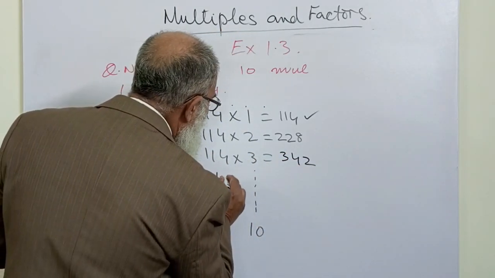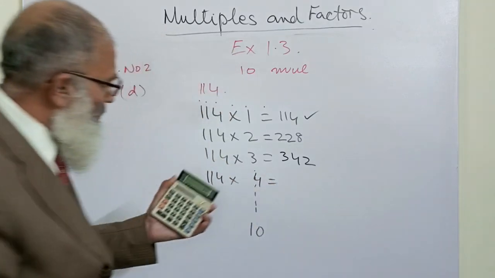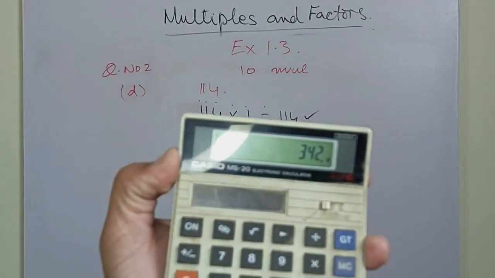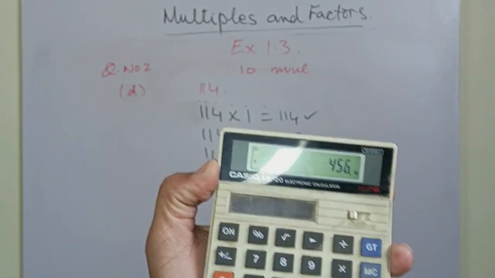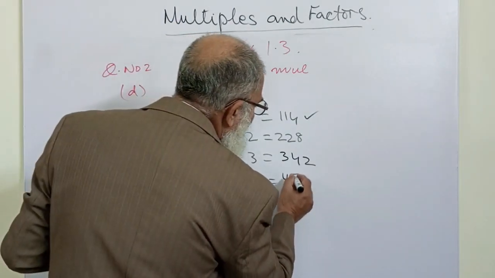Now for the fourth, what will it be? Again, simply press the equal button. 456. Wow, very easy.